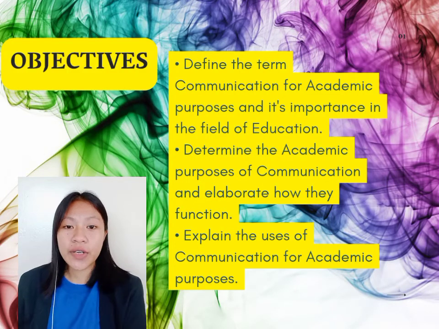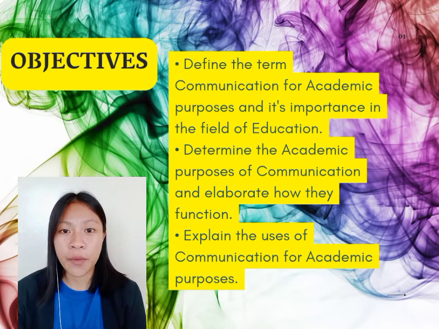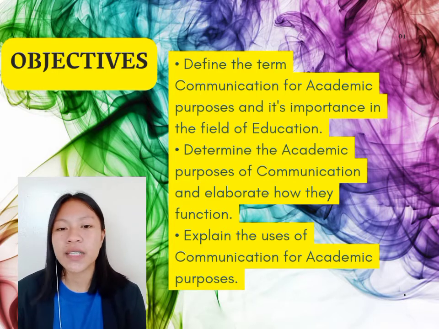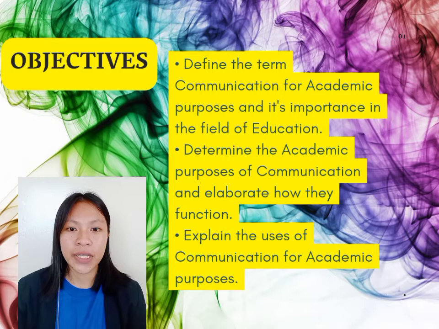Okay, so in our discussion, we have three objectives. First, we need to define the term communication for academic purposes and its importance in the field of education. It is very important to define what it is all about for us to better understand communication for academic purposes. Next is to determine the academic purpose of communication and elaborate how they function.